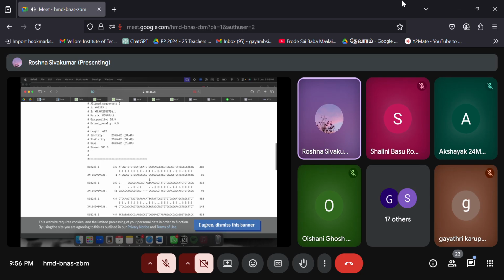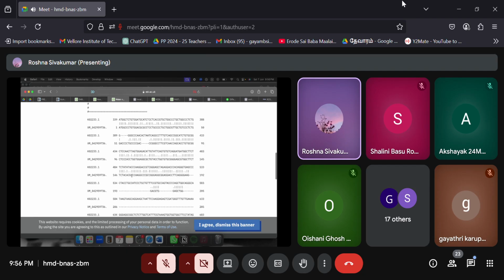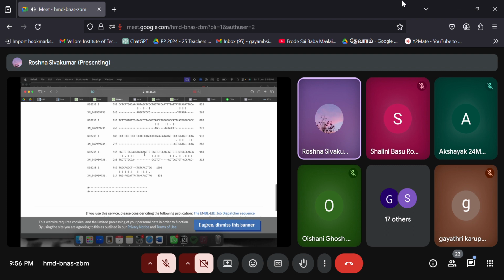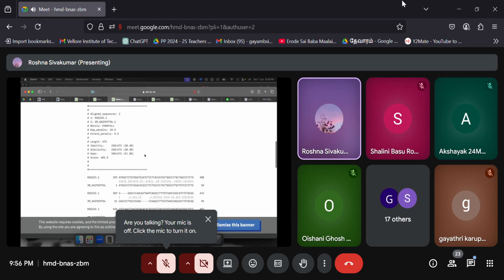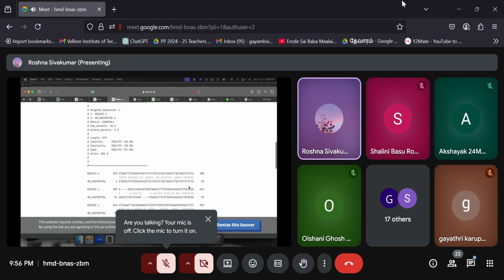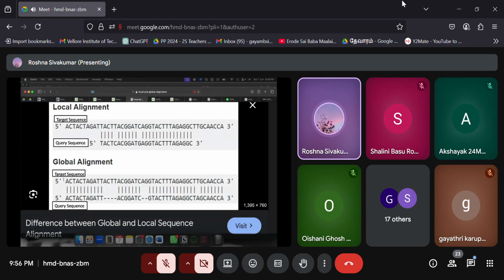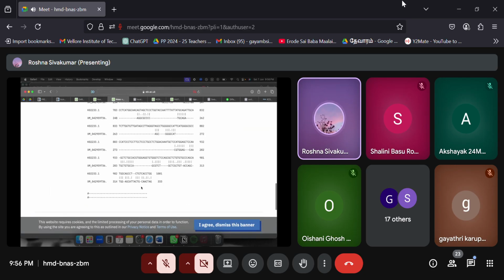Global alignment, like we talked about, is going to range from the beginning till the end, introducing gaps as we need.